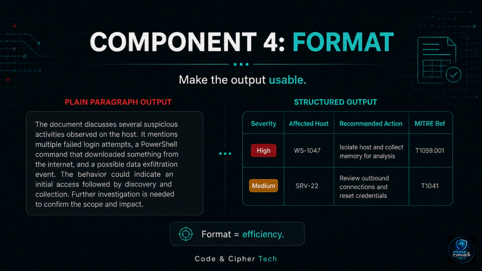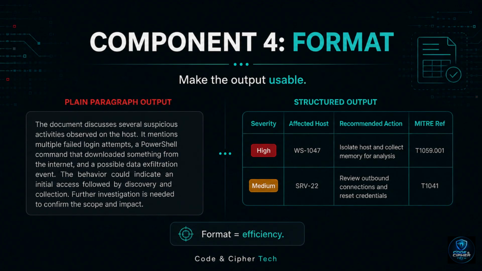Component 4, format. This is the component most professionals forget, and it's the one that determines whether the output is usable. Tell the model exactly how to structure its response. For example, return this as a structured alert summary with severity classification, affected systems, recommended action, and MITRE technique reference.